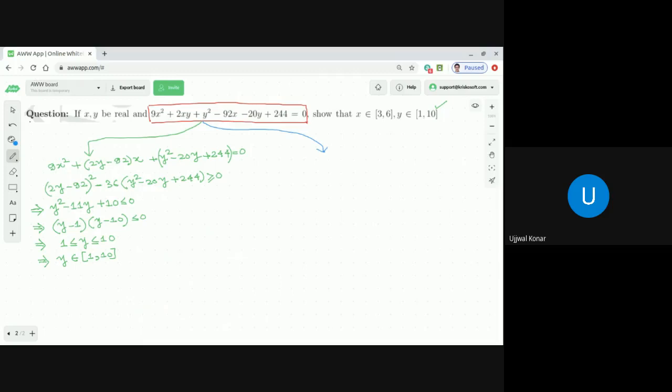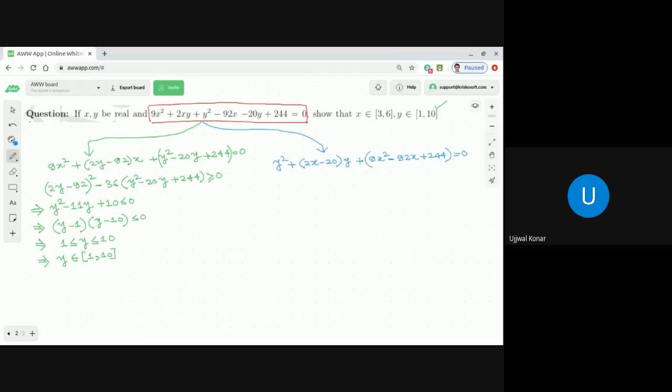For that, we write this is equal to y square plus (2x minus 20) into y plus 9x square minus 92x plus 244 equal to 0. This is a quadratic equation in y.